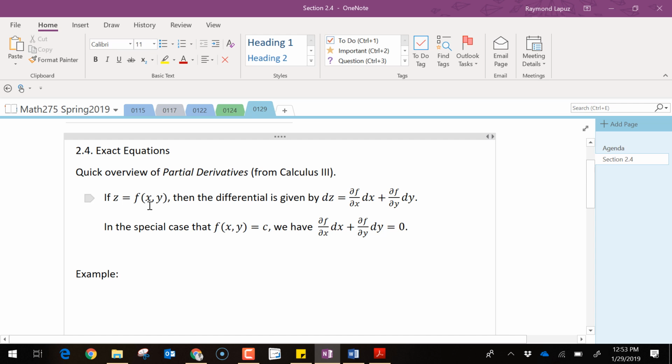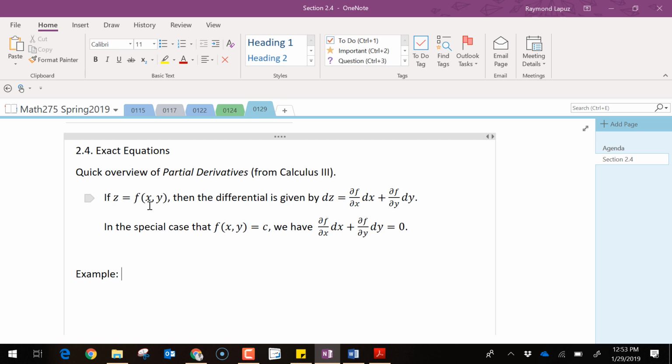So, if you have z is equal to f of x y, z is equal to some function, then you can find the differential of this the same way you, well, not exactly the same way, but more or less similar to how you found the differentials back in Calc 1, where you just take the derivative of the function and then you just tack on a dx to it.